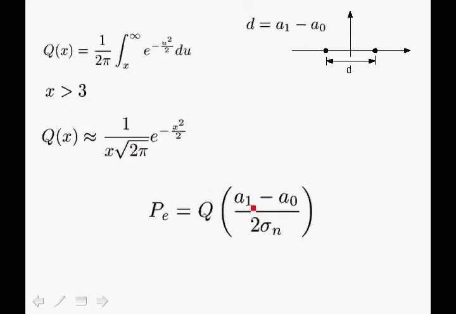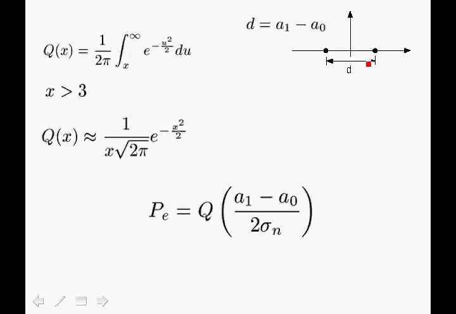As a1 minus a0 becomes larger, let's refer to this diagram here. Here we have the case for a0, and here we have the case for a1. Recall that a1 was received when we sent s1 equal to plus 1, and a0 when we sent s0 equal to minus 1. a1 minus a0 is this distance over here, and we see here that as this distance becomes larger, then the probability of error becomes small and rapidly goes close to 0.